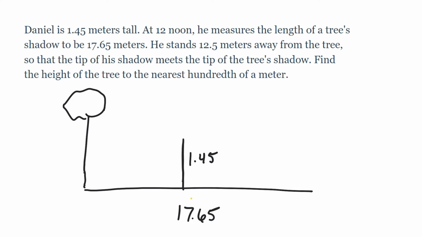And he is standing 12.5 meters away from the tree. So it tells us the tip of his shadow is now matched up with the tip of the tree shadow.